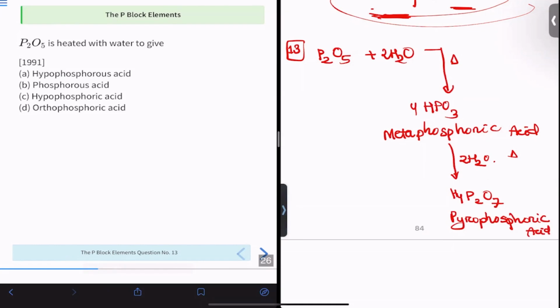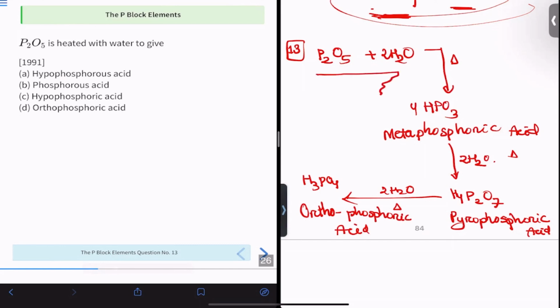Again, when H4P2O7 reacts with water and is heated, it will give rise to H3PO4, which is known as orthophosphoric acid. So in a series of reactions, the final compound is H3PO4.